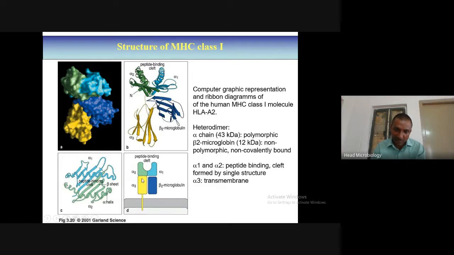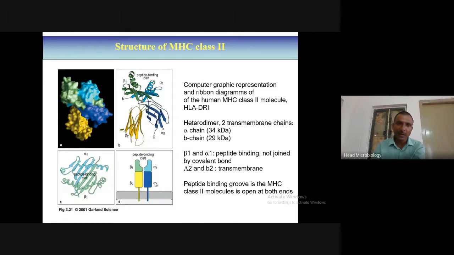These three alpha chains are bound with the peptide, but beta 2 microglobulin is separate in a single structure.